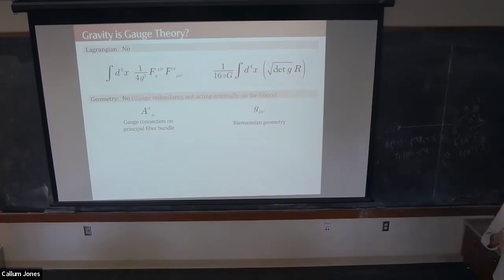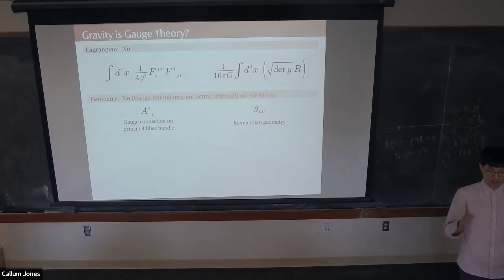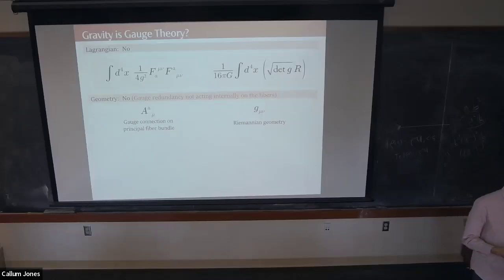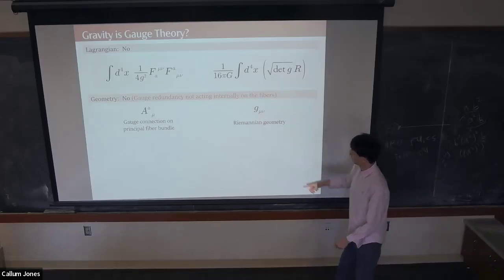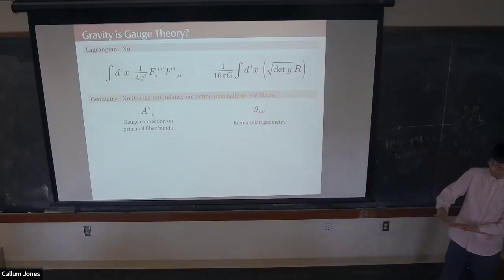But if we restrict our definition of the terminology gauge theory to theories described by gauge connections of principal fiber bundles, then no, the metric does not have an internal fiber structure, because the transformation of the mu nu indices here is a transformation of the tangent bundle, tangent spaces.